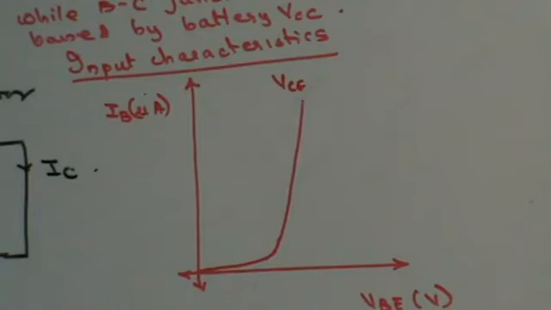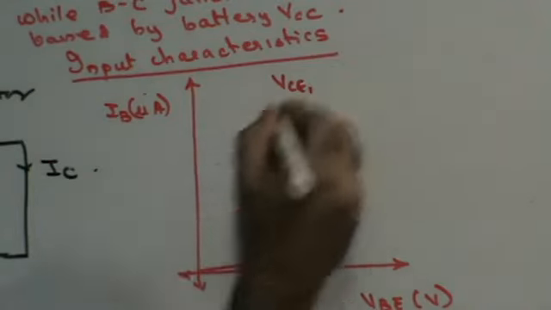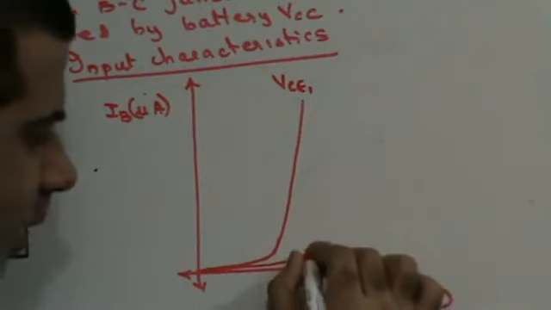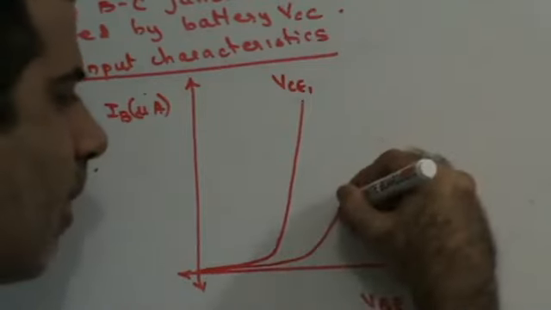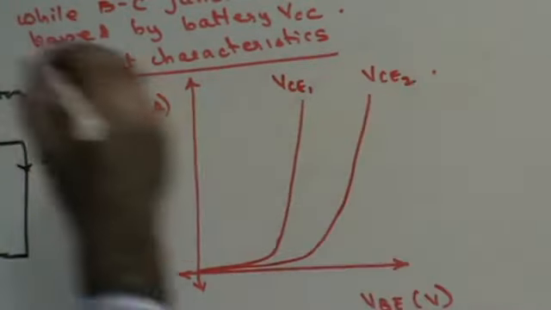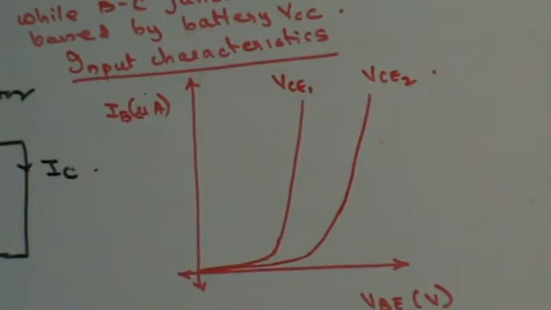So here, the graph shows the base emitter voltage and the base current for different values of collector emitter voltage. This is for collector emitter voltage VCE1. If I change the collector emitter voltage, then I can get a graph like this. This is VCE2. So for different values of collector emitter voltage, you would have different graphs, right?